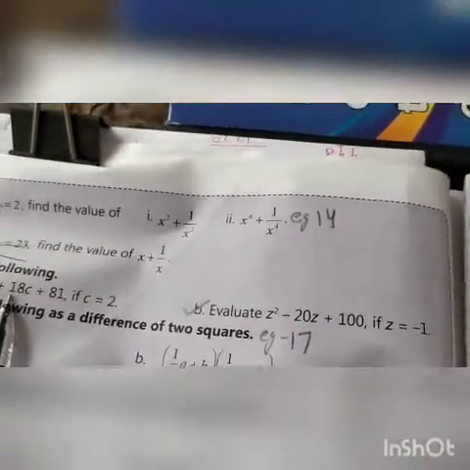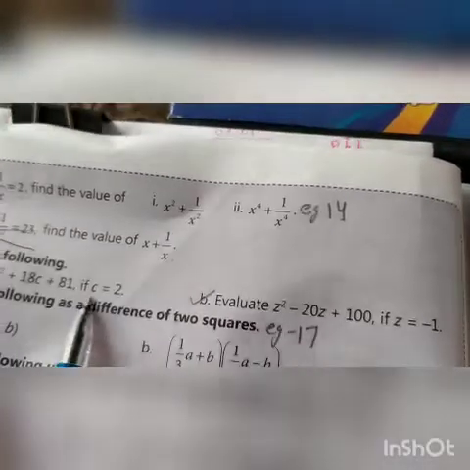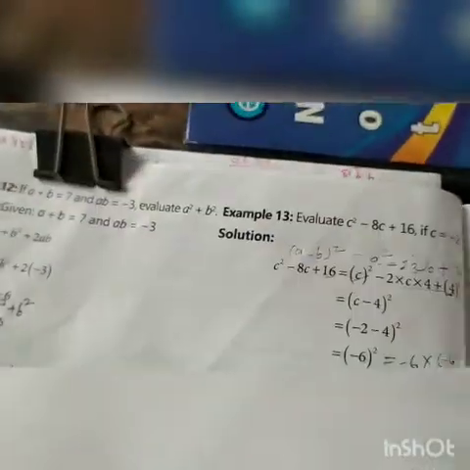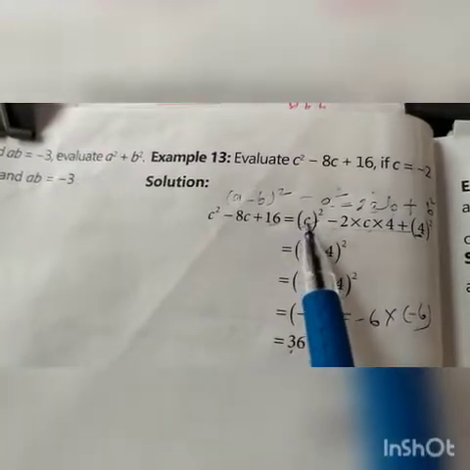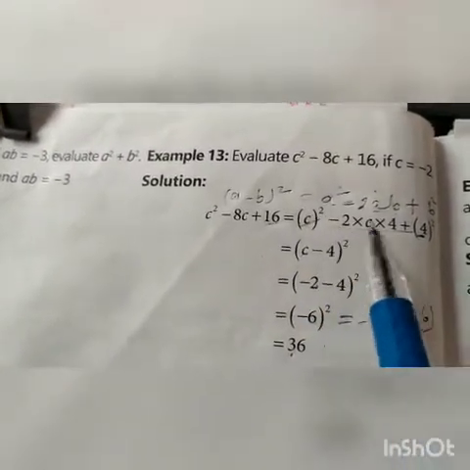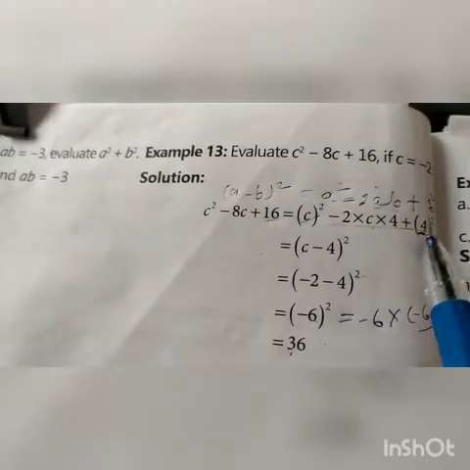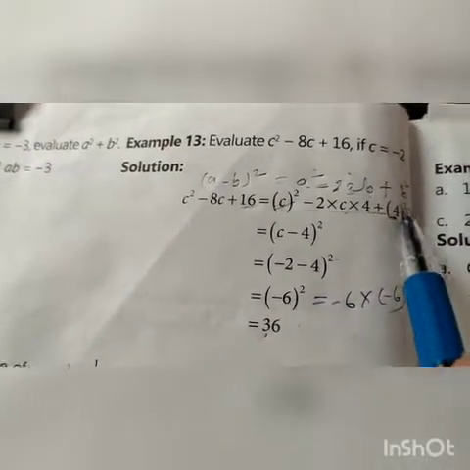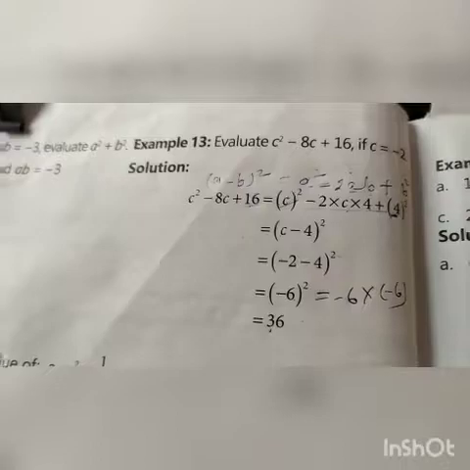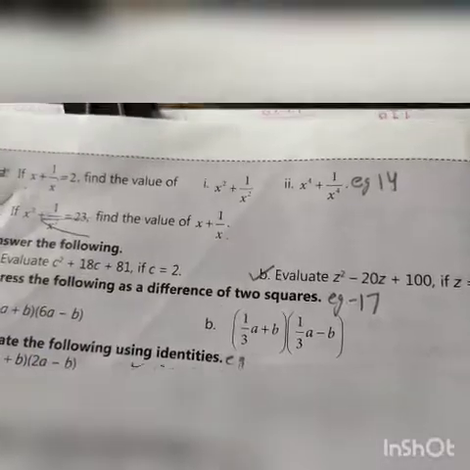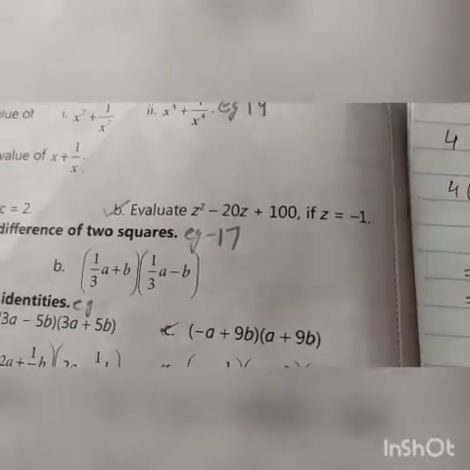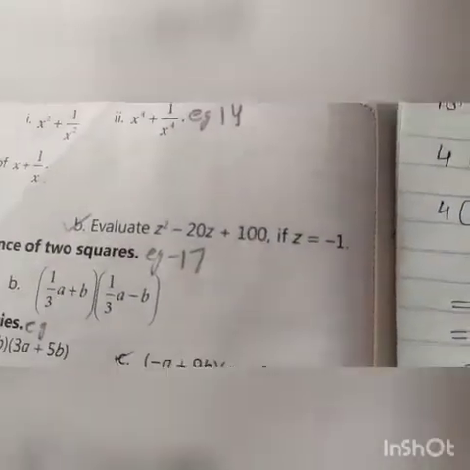C square plus 18c plus 81 will be written as c square plus 2 multiply c multiply 9 plus 9 whole square, because 81 is the square of 9. So you will do this part 4a yourself. Okay. Now come to B part.